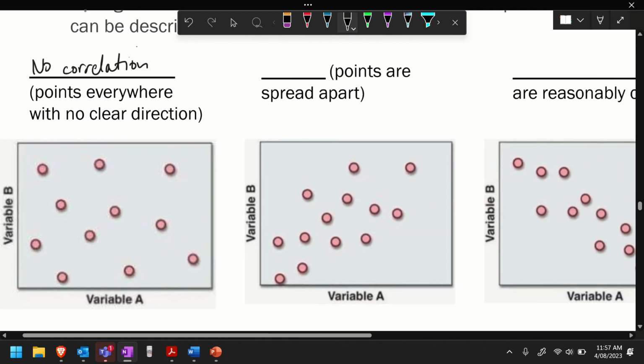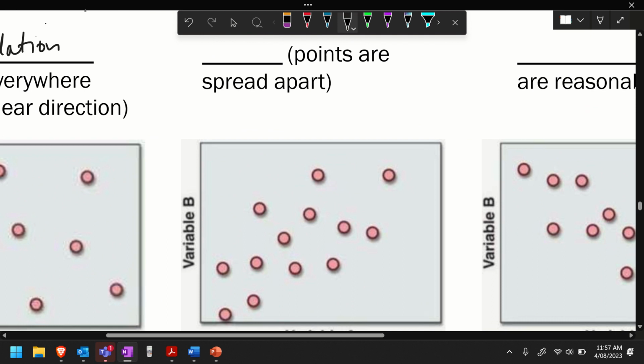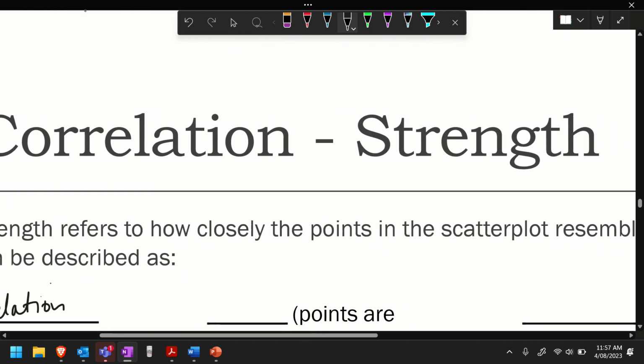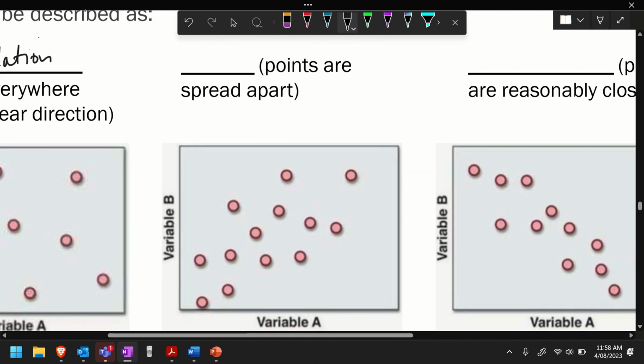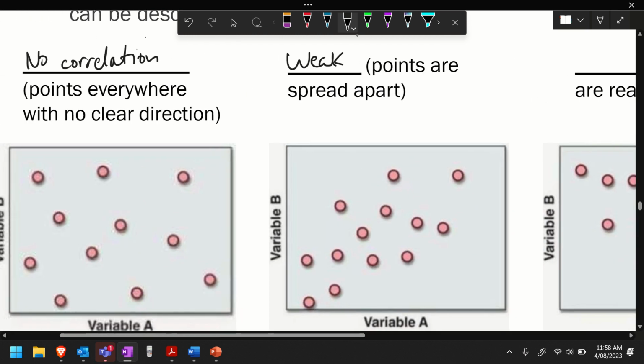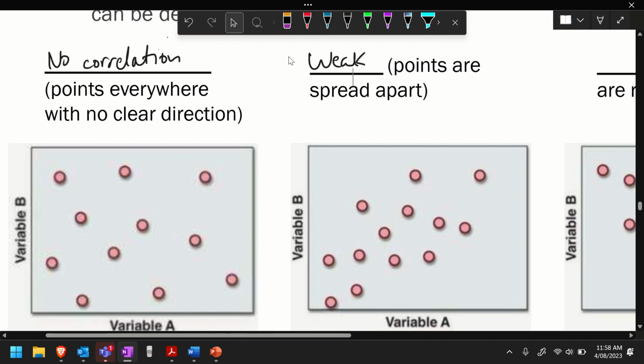Okay, so the second one here, Tommy, what do you think this one might be? So we're talking about the strength, yeah? Are they really close together, or are they quite spread apart? You reckon it's middle? Yes, moderate. I would say this one is weak. Okay, we'll count, because if you compare it to the next one, the one on the left is no correlation because it's really random.